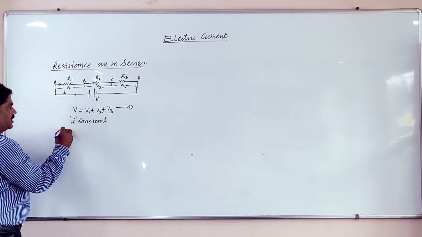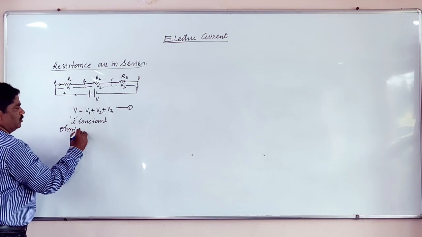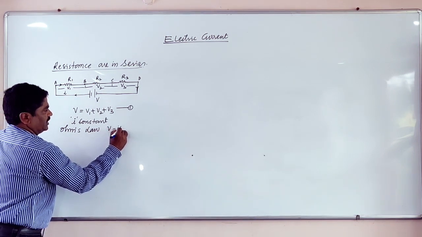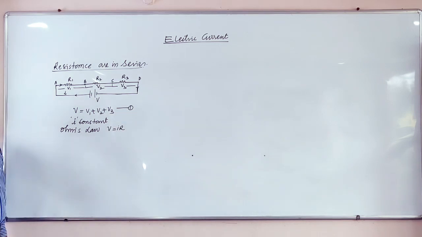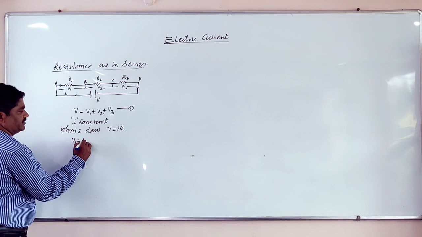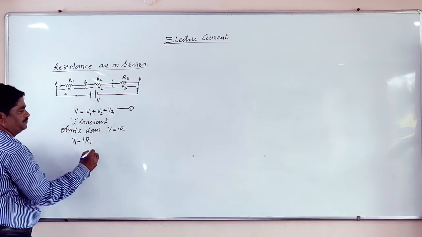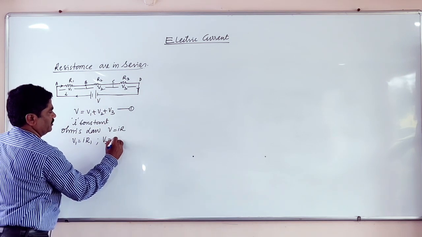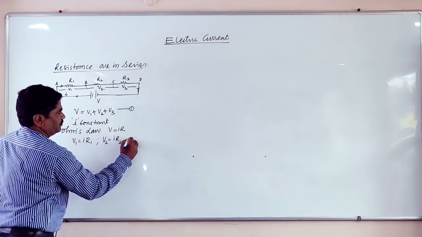So what does Ohm's law say? According to Ohm's law, V is equal to IR. So from this, across the first resistance V1 is equal to IR1. Similarly, across the second resistance V2 is equal to IR2.